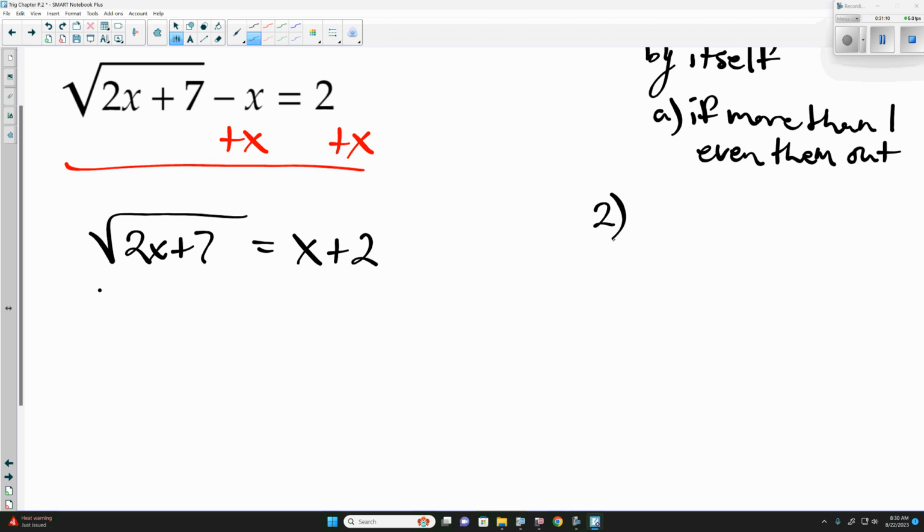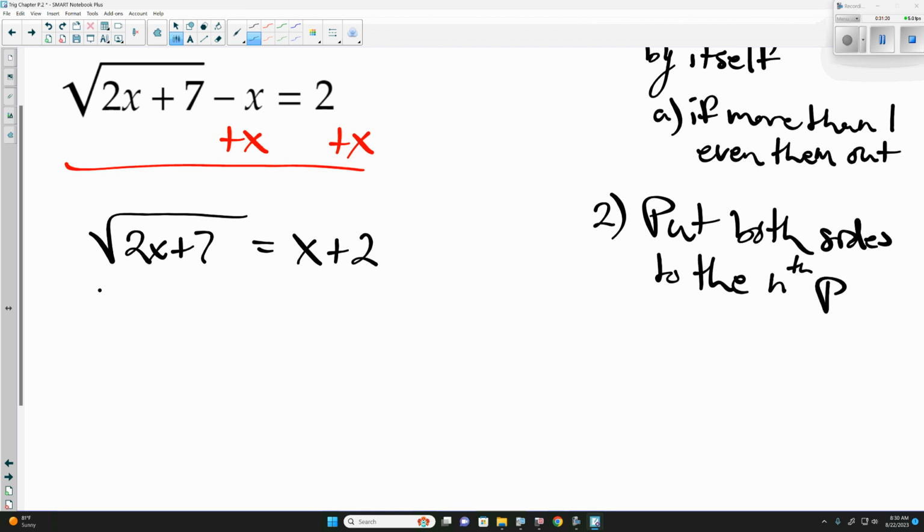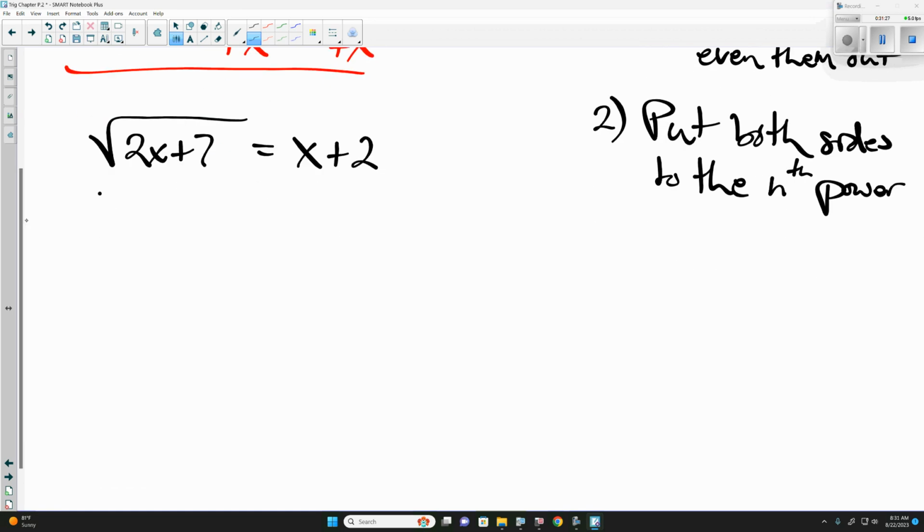Now, step 2 is to put both sides to the nth power. And really the power that we're using is whatever's going to get rid of the radical.